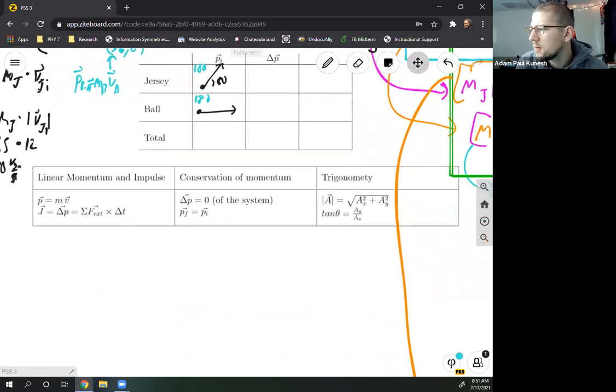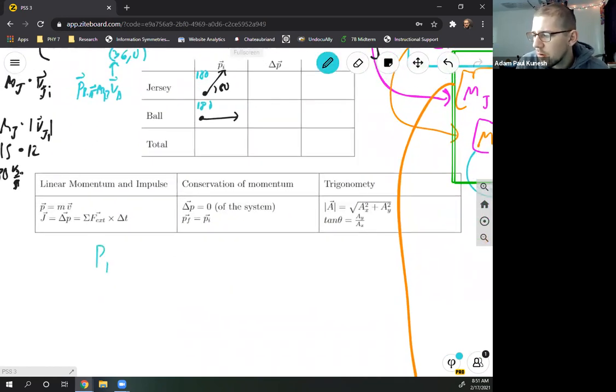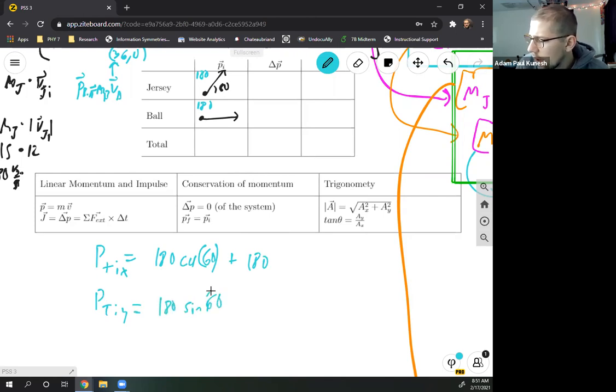So the total initial momentum in the x direction is Jersey's momentum in the x direction, 180 cosine of 60, plus the ball's momentum in the x direction, which is 180. And the y component is going to be 180 sine of 60. Only Jersey contributes.